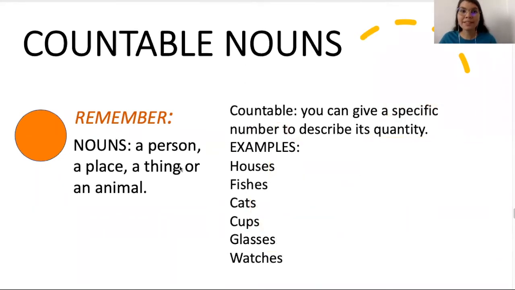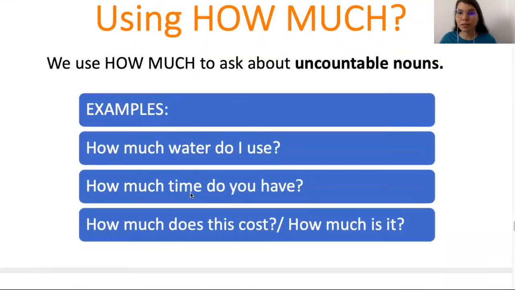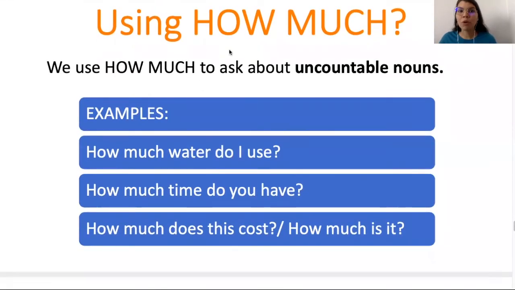Now, countable nouns are nouns that you can describe its quantity with a specific number. Let's continue and let's look at how much. We use how much to ask about uncountable nouns. They cannot be counted with our hands, or they cannot be counted. So for example, how much water do I use?